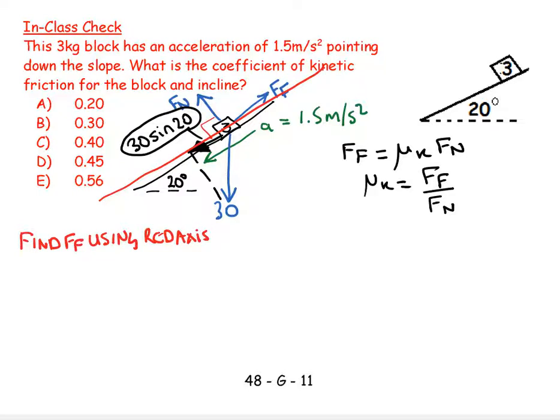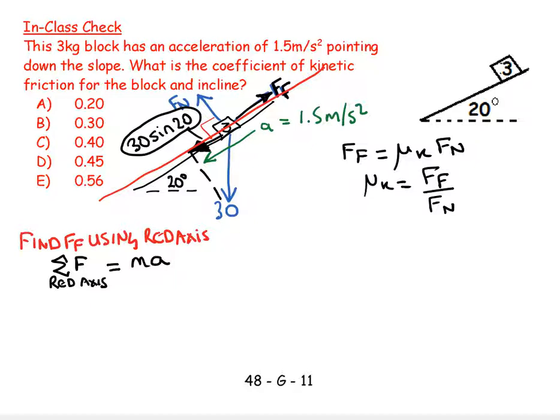And then I have my Ff. And in this case, I say the sum of the forces along the red axis does not equal 0, it equals ma, and I know that acceleration equals ma.